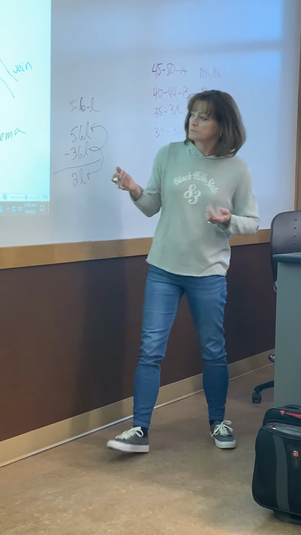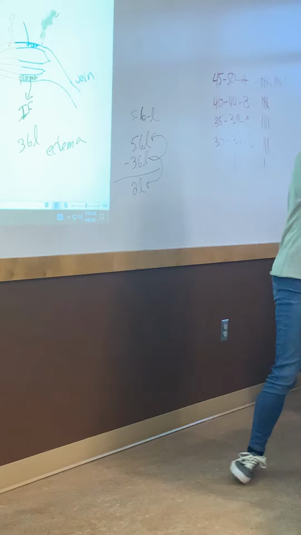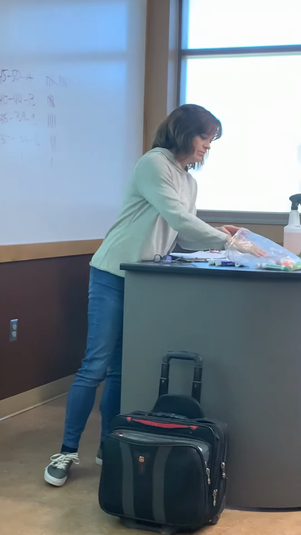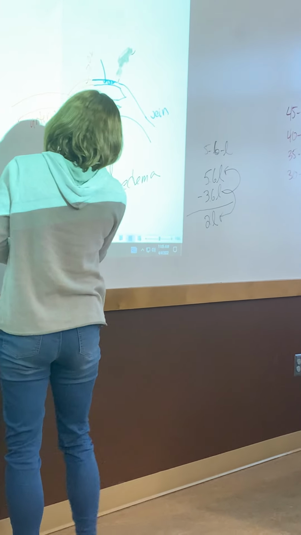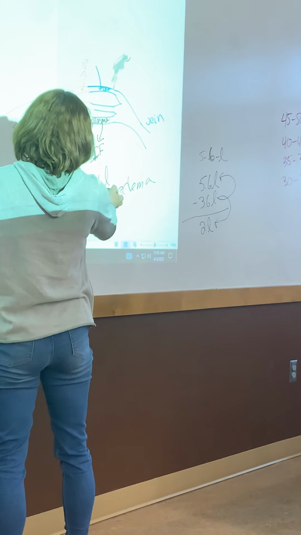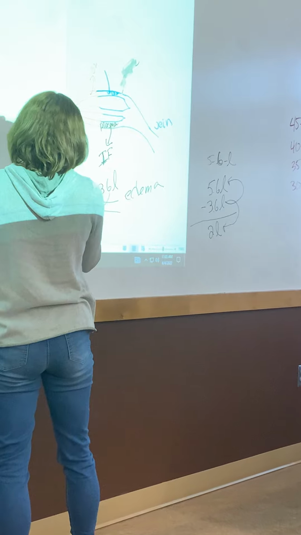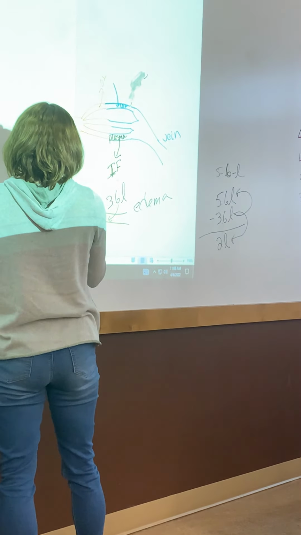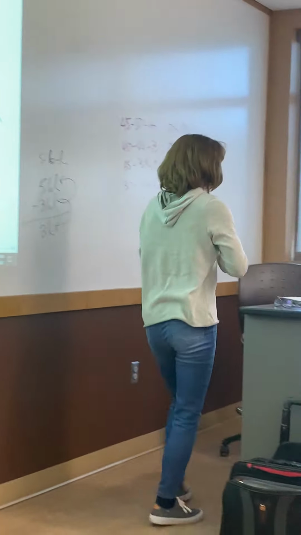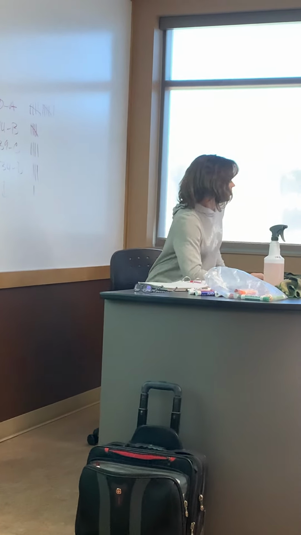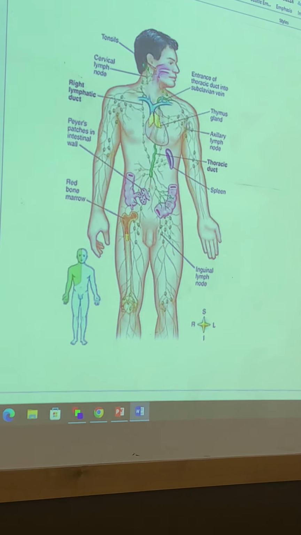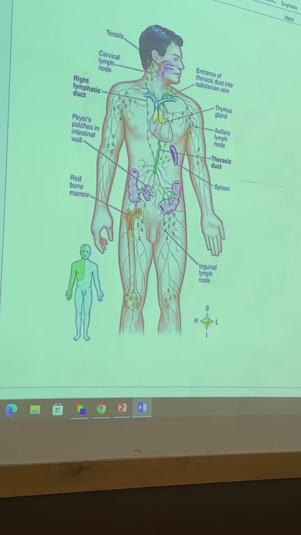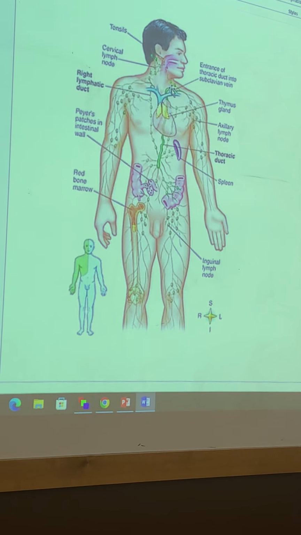It wouldn't work. So the job of the lymph system is to pick up that excess interstitial fluid and send it back to the bloodstream. So all over the body, we have these lymph capillaries and lymph vessels that pick up that interstitial fluid and they dump it right back into the bloodstream up here at the subclavian veins.